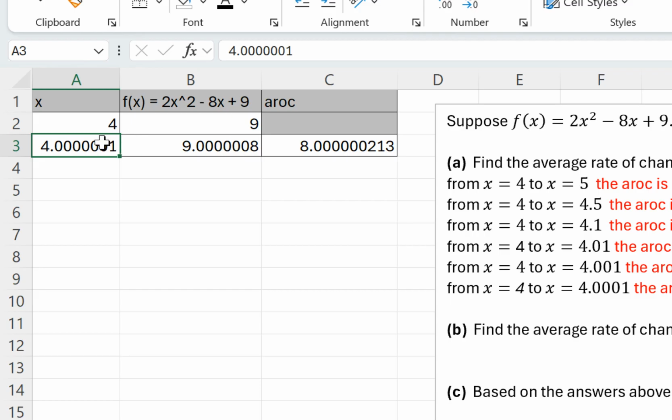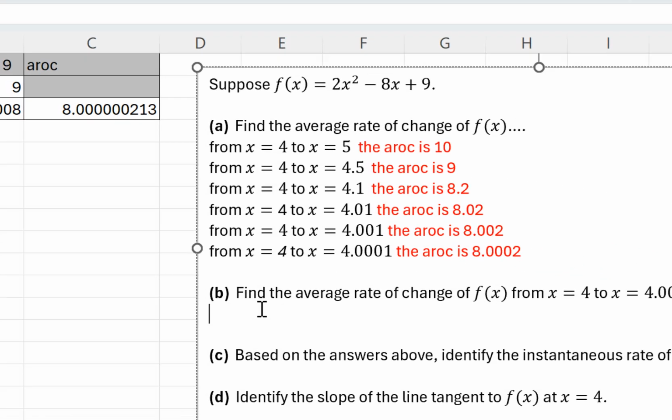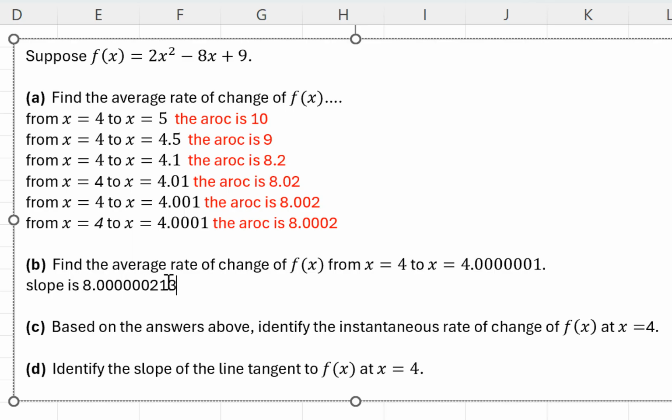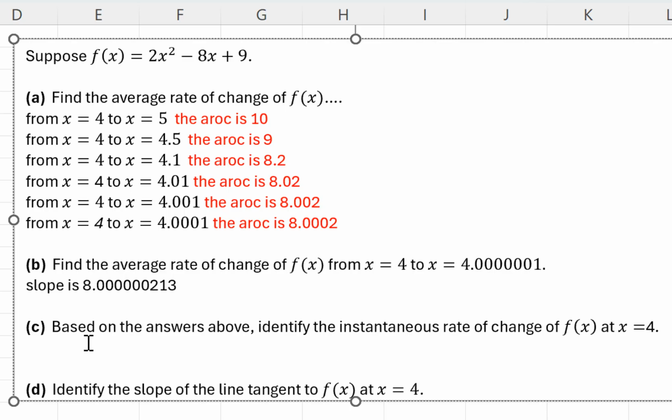So when I plug in that x value, it produces this y value of 9.000008, and the slope of that secant line is 8.00000213. And again, this value is extremely close to being just 8. And in fact, the instantaneous rate of change of f of x at the point when x is 4 is 8.